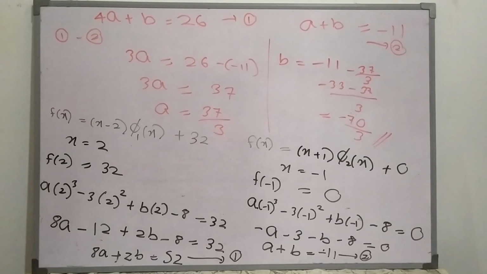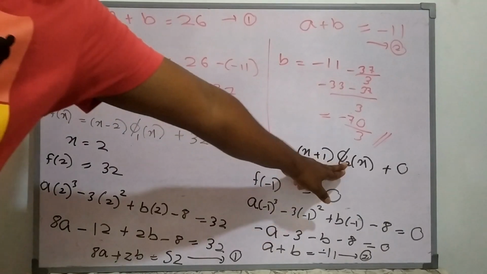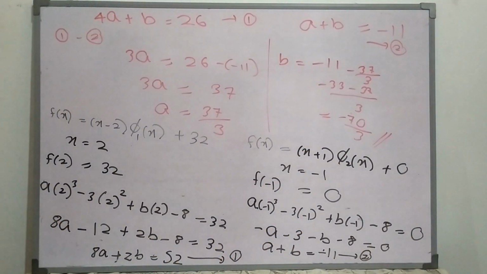These are the a and b that we have found. So now I think you might have a little bit of an idea about how to use the remainder theorem in an appropriate way. You have to write the formula and substitute it, and the other important thing is you have to remove this ψ1 and ψ2.